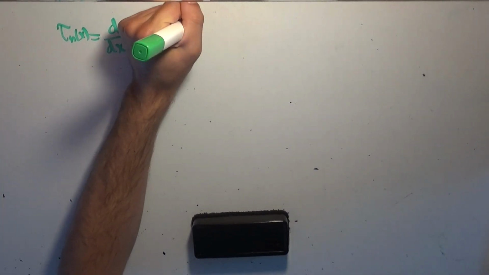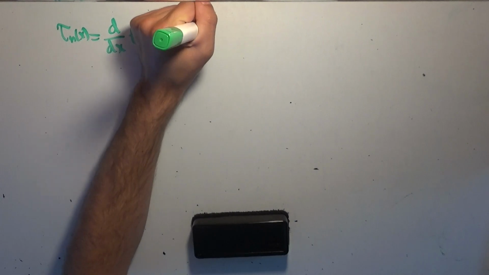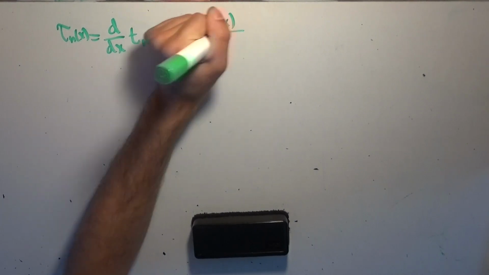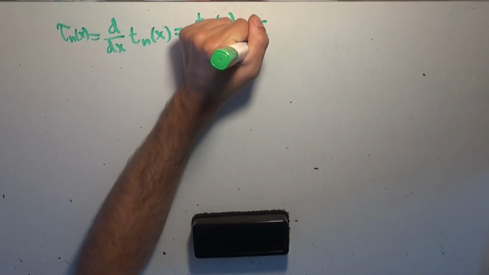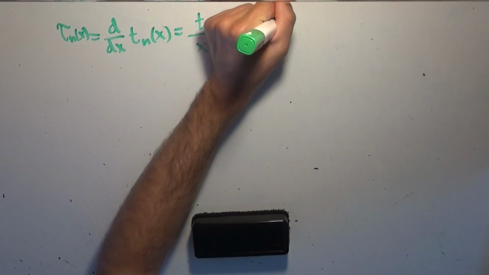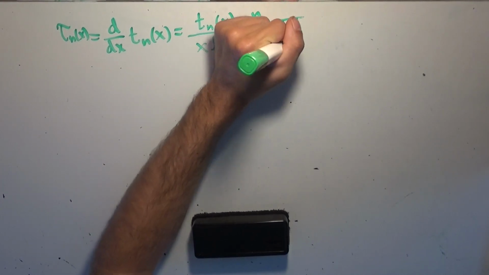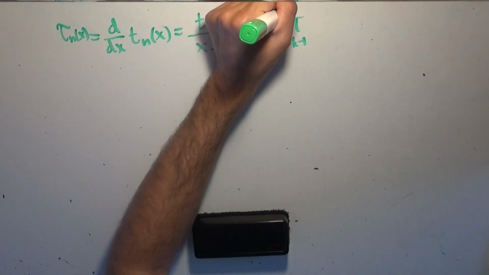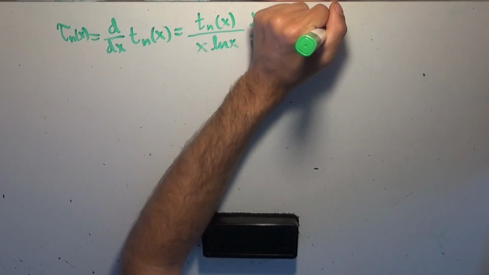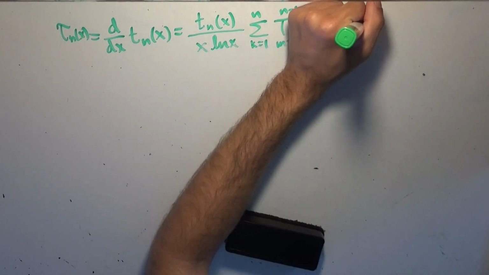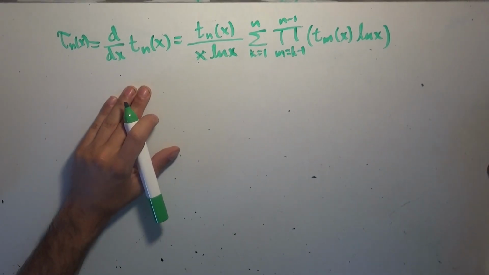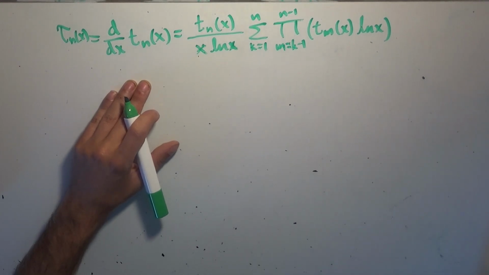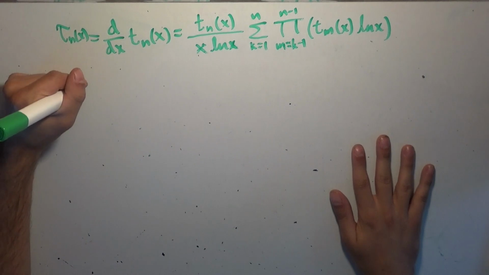We had the final version that we derived, which was the nth tetration of x divided by x log x times the sum from k equals 1 to n of the product from m equals k minus 1 to n minus 1 of the nth tetration of x times ln of x. Based on this thing we just proved, this expression for the derivative of any integer power tower, we're going to explore what this might be.